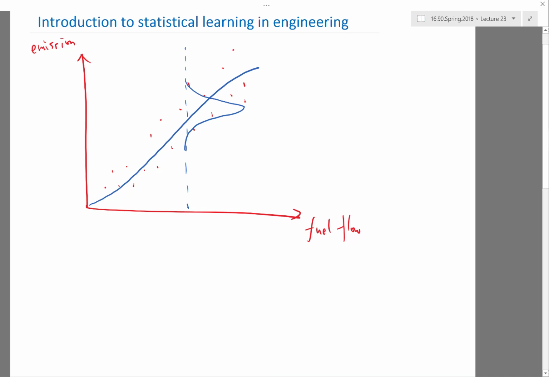A good example is image recognition. In image recognition, whether the image is an airplane or a human doesn't depend on a few variables. It depends on the color at every pixel of your image. Every pixel, red, green, blue, is 3 variables. If you have an image of 1 million pixels, you have 3 million variables to look at.